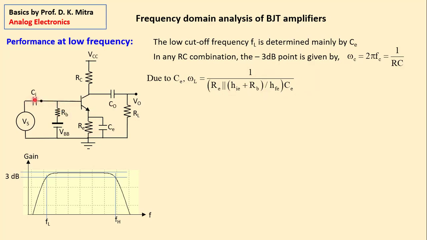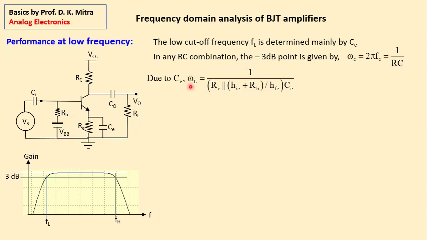That is, the signal is finding a path RB, and signal also finds a path HIE, which is the transistor's internal base emitter junction resistance. This HIE plus RB on the base side, when reflected to the emitter side, the value has to be divided by HFE. So this is the parallel combination, which is multiplied by capacitor so that it makes 1 by RC.